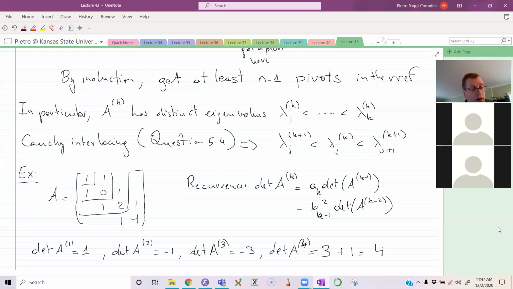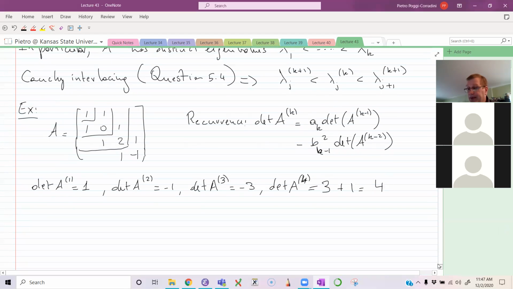All right, so you get this sequence of determinants, and this sequence of determinants actually has a name. It's called the Sturm sequence.